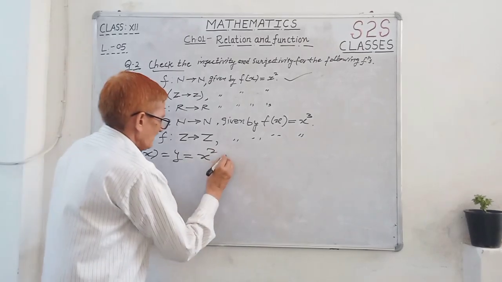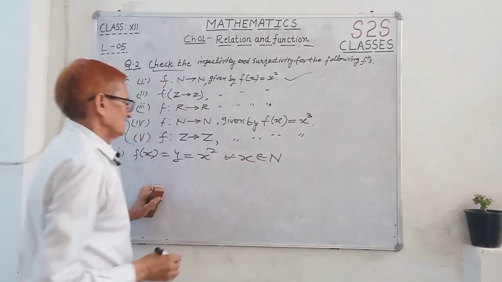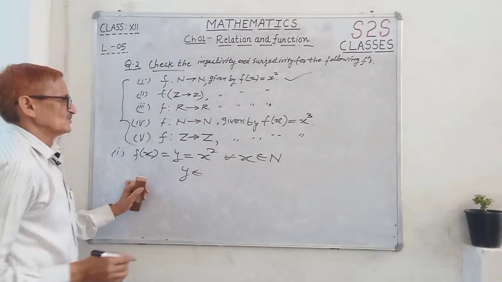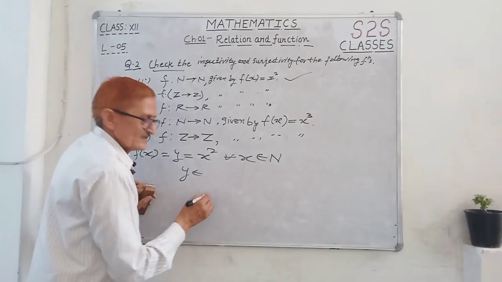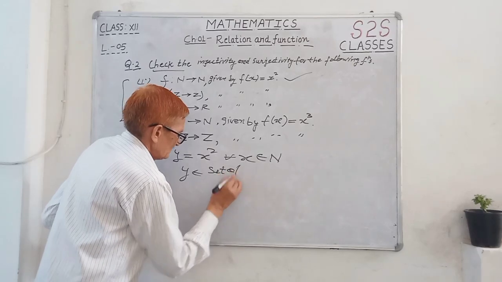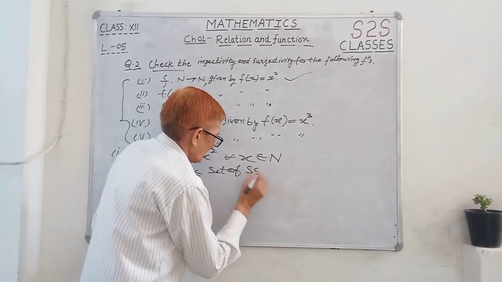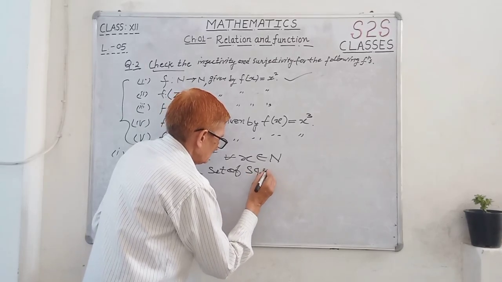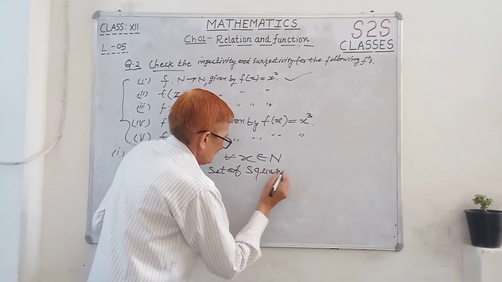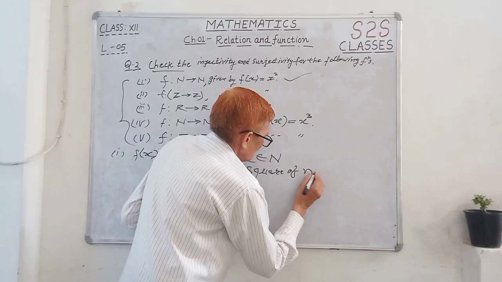For every x belonging to natural numbers, y belongs to the set of squares of natural numbers.